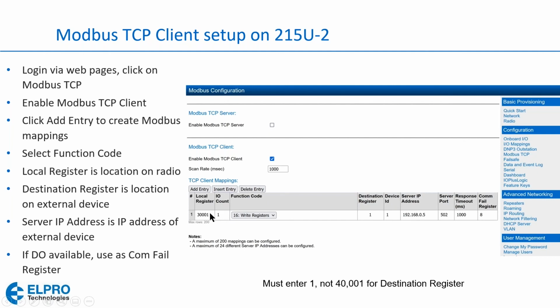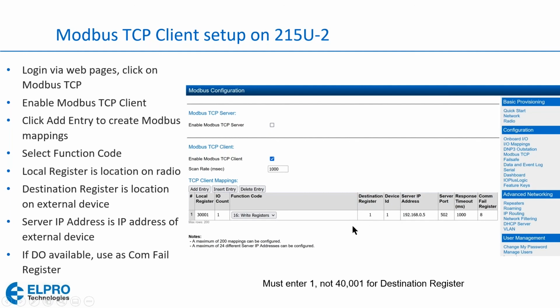Then we have our I/O count. We're just transferring a single 16-bit register. Then we select our function code, and there are about 5 or 6 function codes that we support. They should be fairly obvious. You've got read registers, write registers, etc. And then this is the destination device.